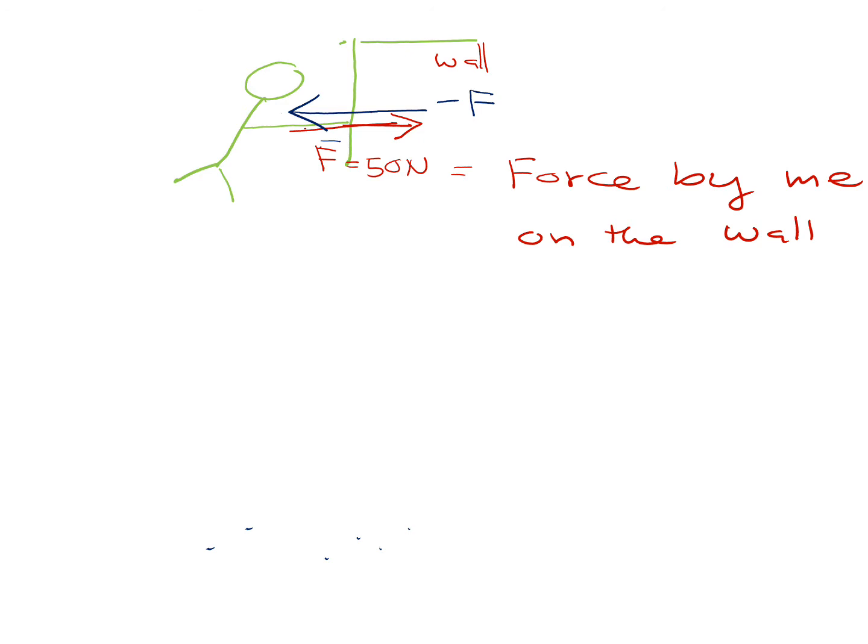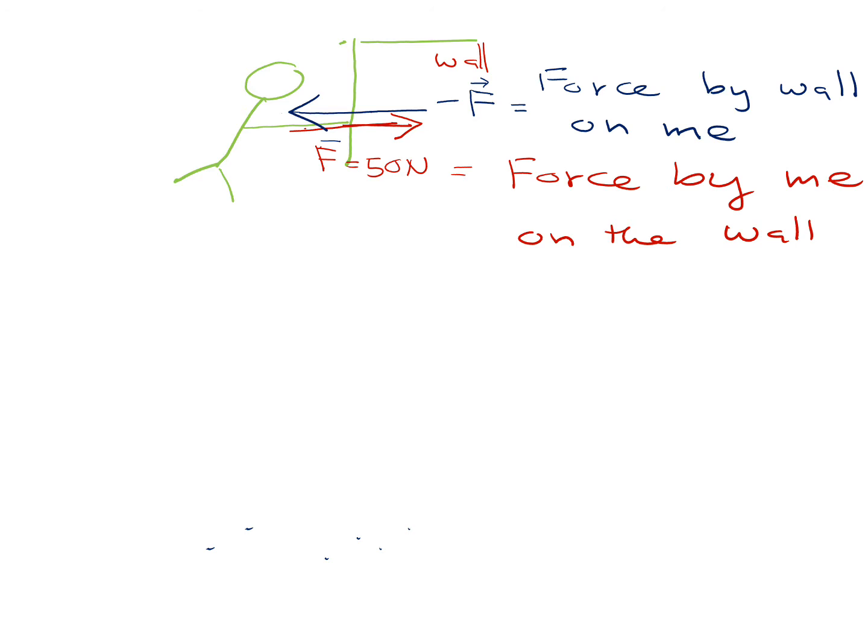This is a vector, so this is called the force by wall on me. So these two forces are very similar. The first one is the force by me on the wall, and the second force is the force by wall on me.